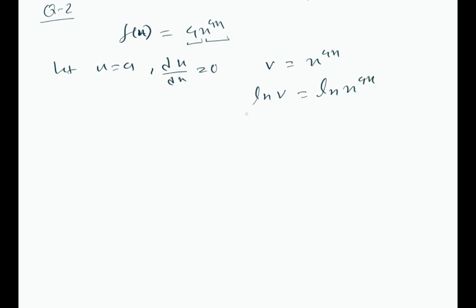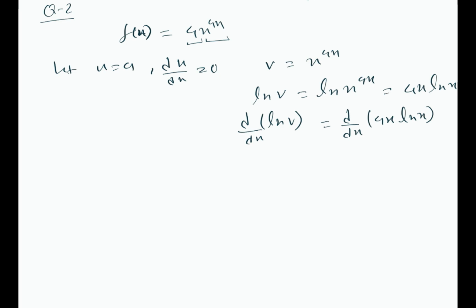Before we differentiate both sides, according to the logarithmic rule, we can write 4x ln of x. So now we can take the derivative of this function, d dx of 4x ln of x, right?